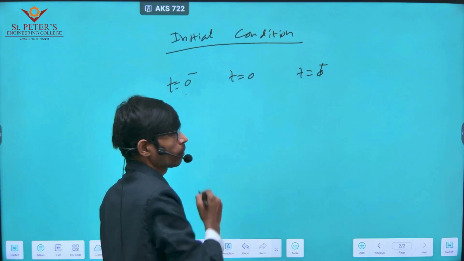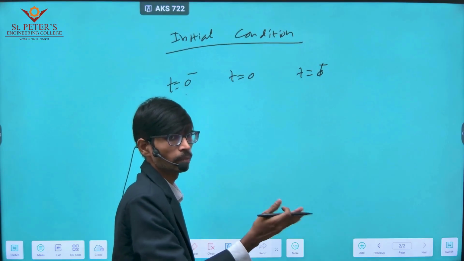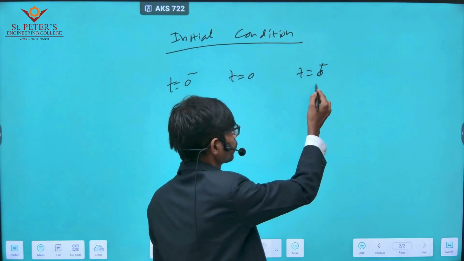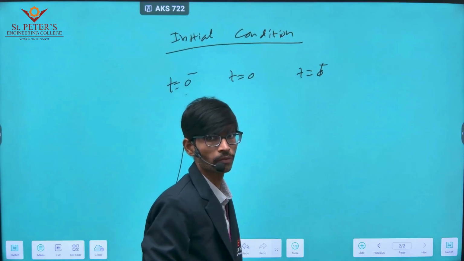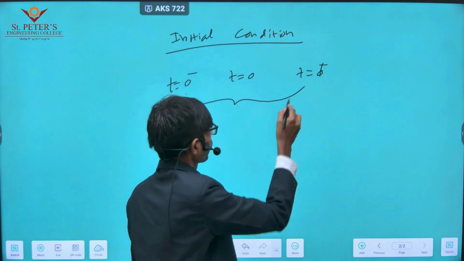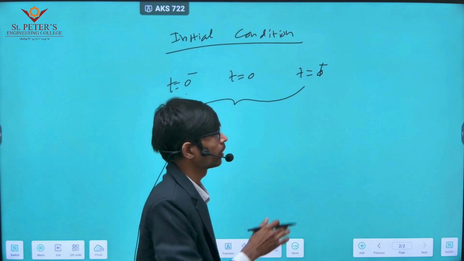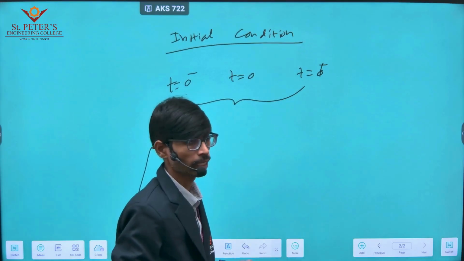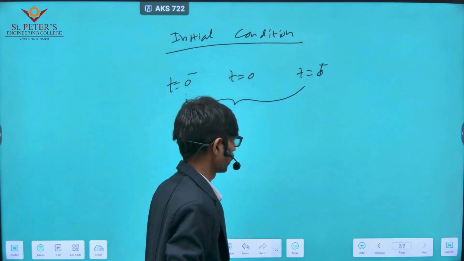So t equals 0 minus means just before switching on. t equals 0 plus means just after switching on. So we have to consider three timelines, but these three timelines are considered as initial conditions only.